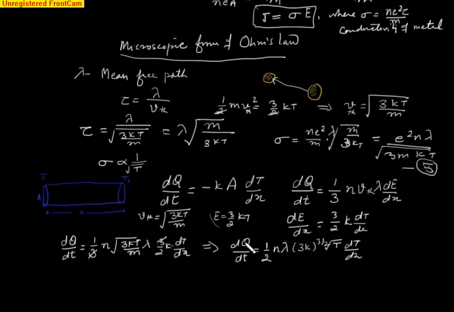Now let us compare this equation of dQ by dt, this transfer of heat, with the equation which we have written here. On the left hand side we have dQ by dt here and also dQ by dt here, and on the right hand side we have dT by dx here and dT by dx here.